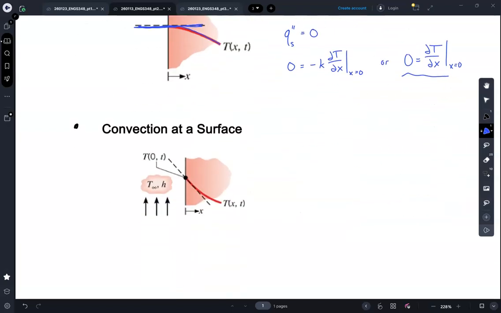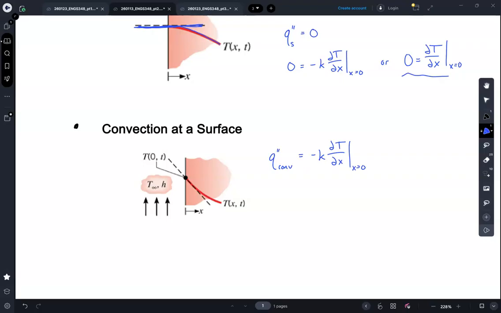The last one that we're going to consider is convection. In this case, the heat transfer at our surface is not zero. It's not a constant. It's governed by Newton's law of cooling, by our convection equation. So Q double prime of our convection equals minus k dT/dx at x equals 0.